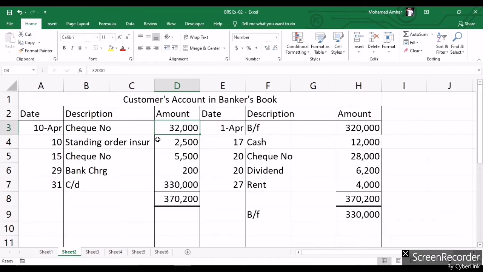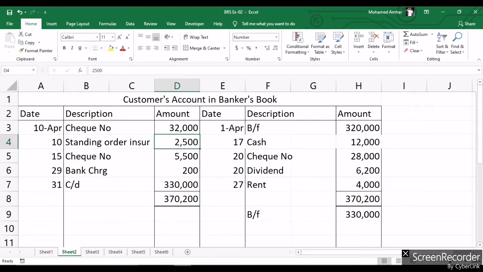So now you can see on 10th the bank has paid the insurance 2,500 on behalf of the organization. So from the balance 2,500 is now deducted because the bank has paid it.